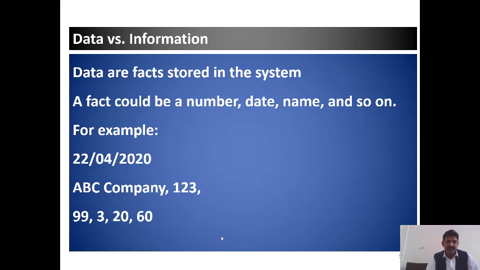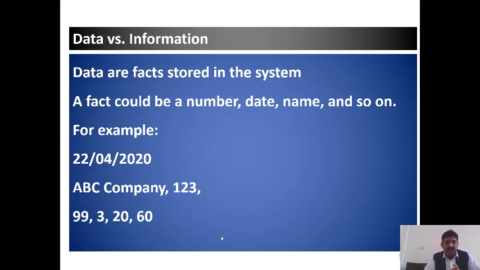For example, 22/4/2020, ABC company, 123, 99, 3, 20 and 60. It has no meaning for us. It is meaningless. So whenever the data or the information has no meaning for managers, it is called data. But whenever it is processed by information infrastructure, then it becomes information.